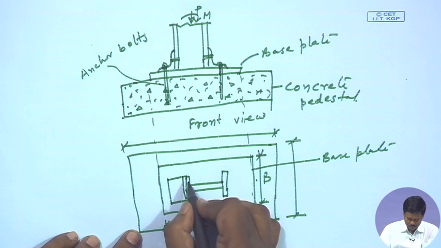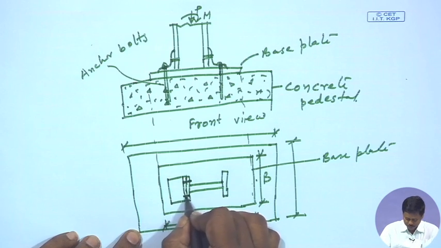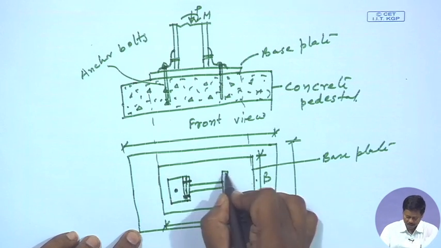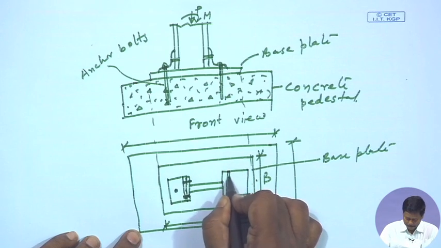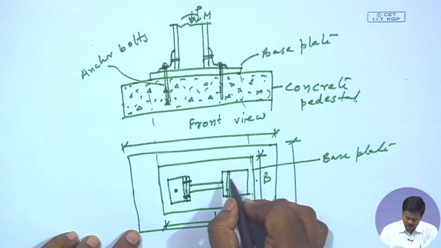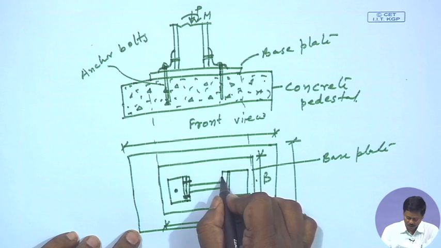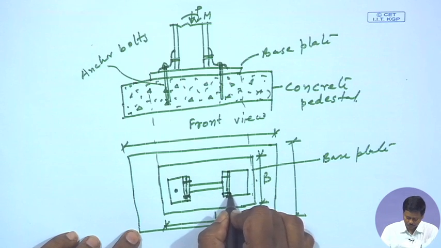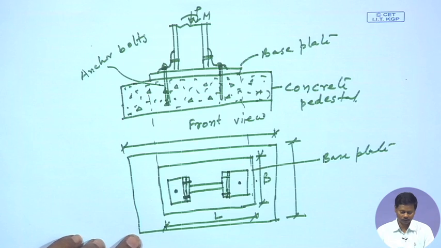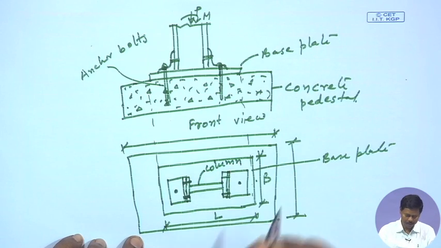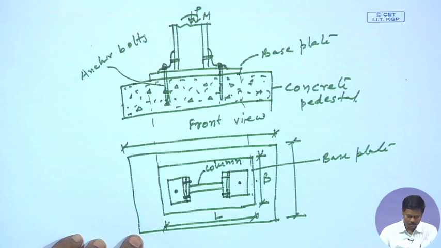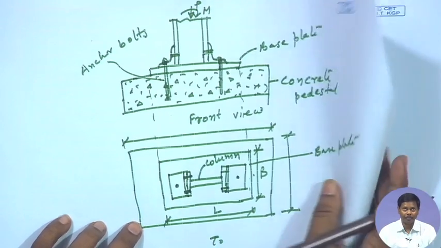So, we can provide a nominal number of cleat angle bolts which will connect the cleat angle with the column, right. So, this is column and this is top view.